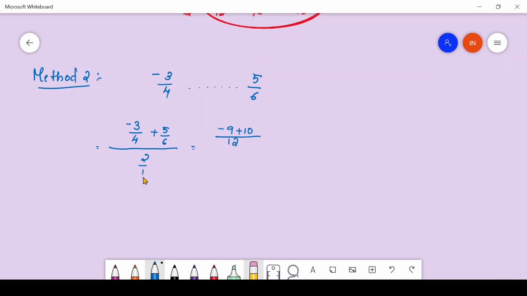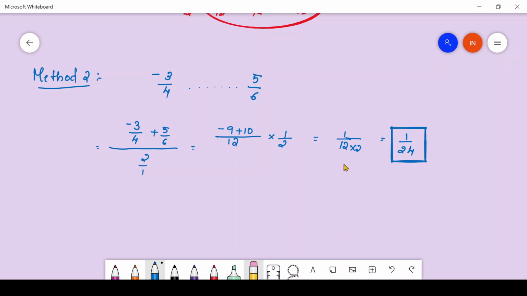And this 2 means 2 by 1, as we have discussed. So this multiplies with 1 by 2, the reciprocal. When you solve this, what do you get? 1 by 12 into 2. The answer is 1 by 24. So now you got one rational number between those two.